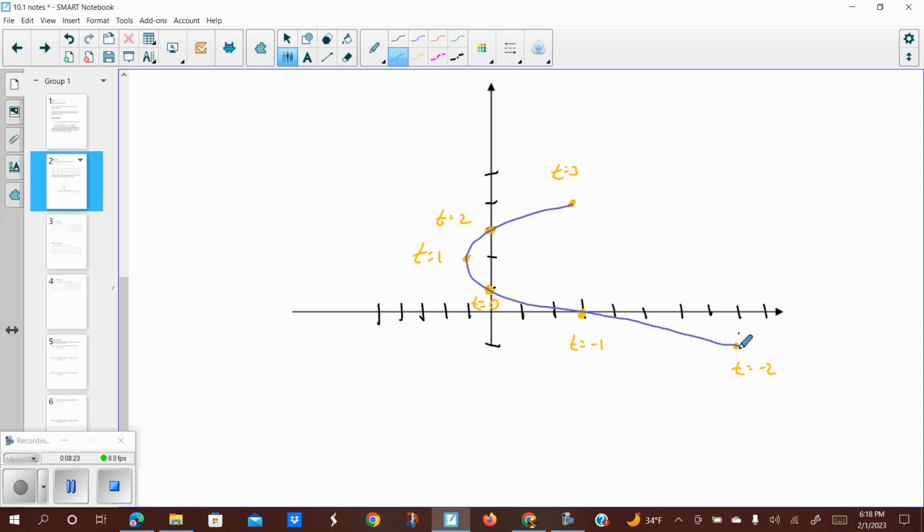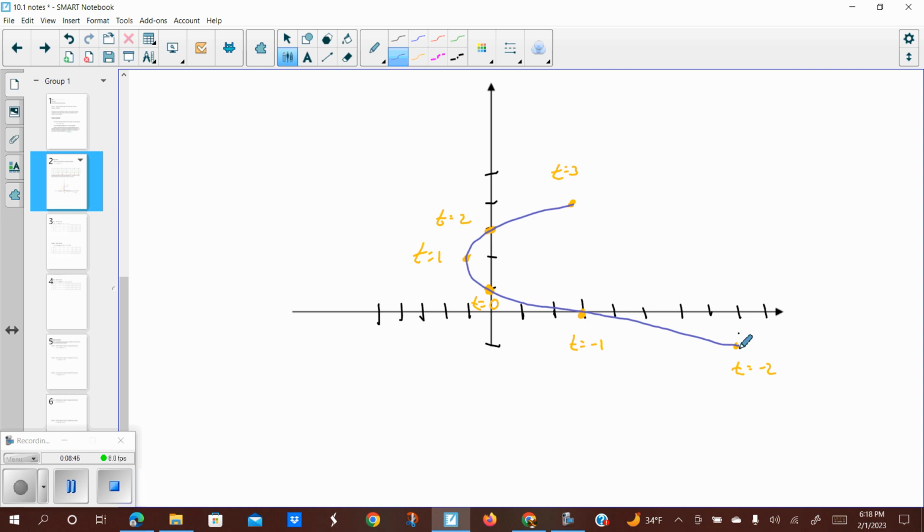And it looks like this thing is parabolic. It just looks like it's a sideways parabola. And that's actually what it is. Eventually, we'll show how you can figure that part out. One of the most important things here in regards to this is direction matters when it's coming to parametrics. So you can see how I labeled each one of those times. Time equals -2, -1, 0.